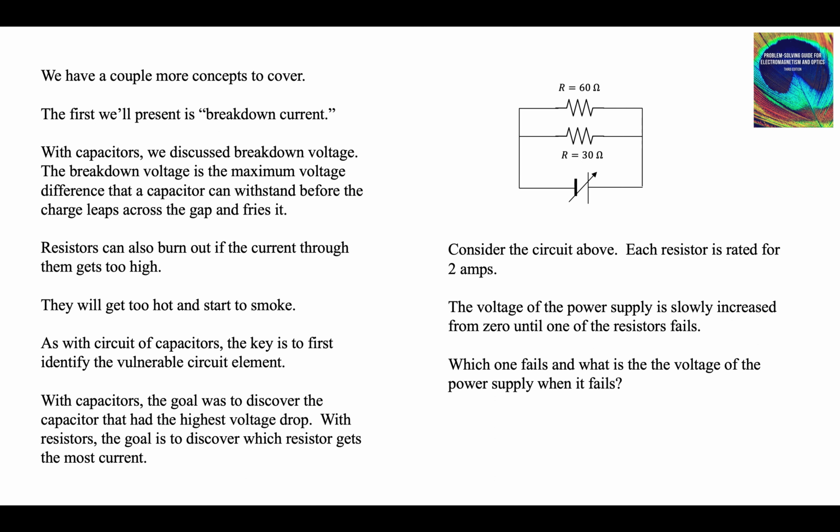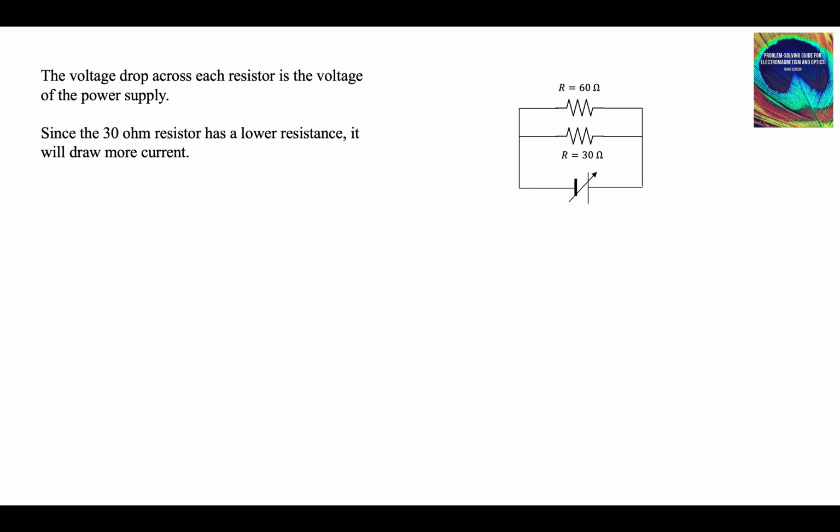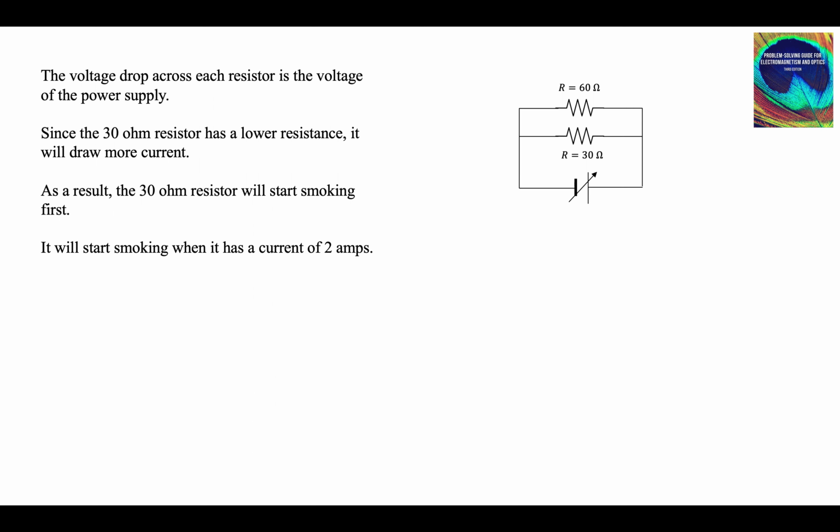If they're in parallel, they're going to have the same voltage drop. The 30 ohm resistor has a lower resistance. It's going to get more current for the same voltage, so the 30 ohm is going first. It'll start smoking when it has the burnout current, which is 2 amps.